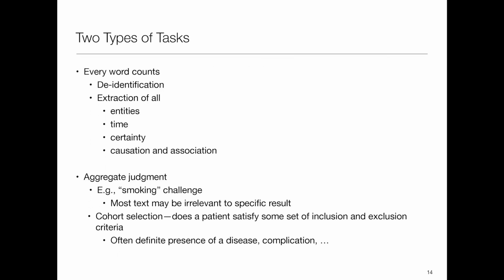And so, for example, one of the first challenges that we ran back in 2006 was where we gave people medical records, narrative text records from a bunch of patients and said, is this person a smoker? Okay. Well, you can imagine that there are certain words that are very helpful, like smoker or tobacco user or something like that.